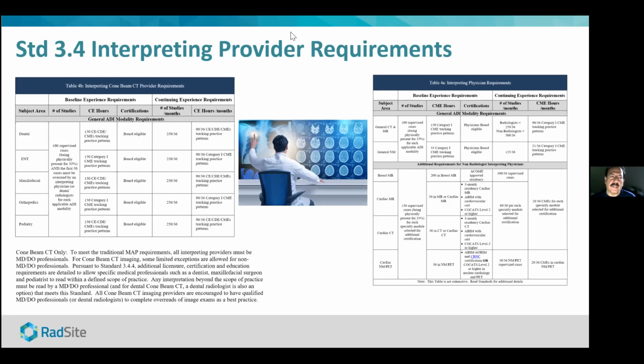And I would think that most dentists who are making the transition would feel comfortable, before they were issuing reports, with having that level of supervision and that level of education. So I'm happy to take questions as we move forward, either on this webinar or afterwards, on some of the specific questions. But overall, what we want is 100 cases for someone who hasn't done it before, but there's a lot of flexibility.